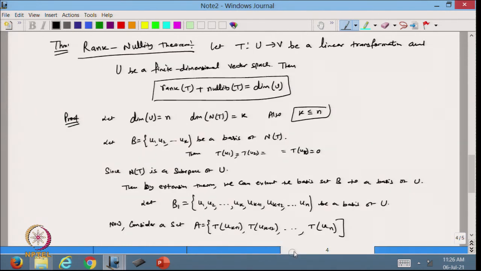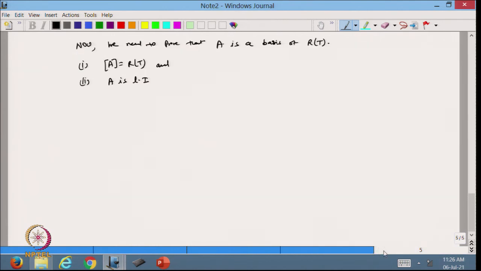If this set A I have taken is linearly independent and it spans R(T), then we can say that this is a basis of R(T). So how can we do that? Let us prove these two things.